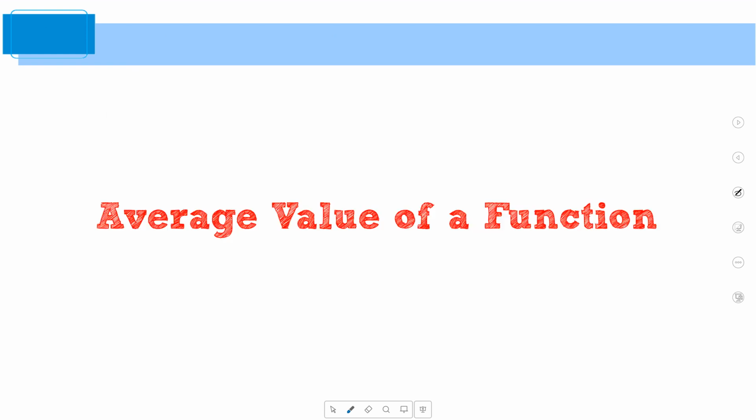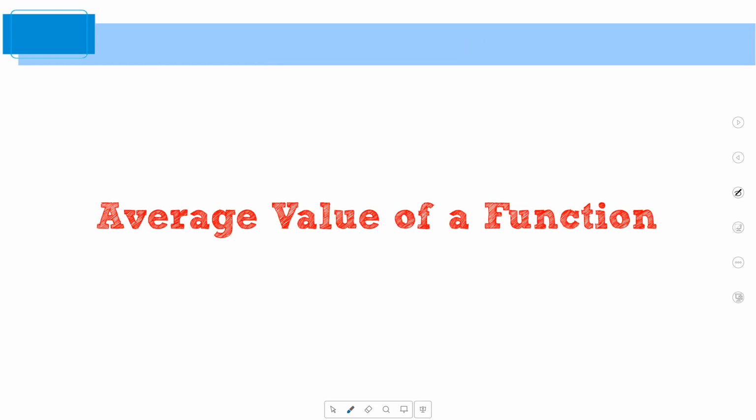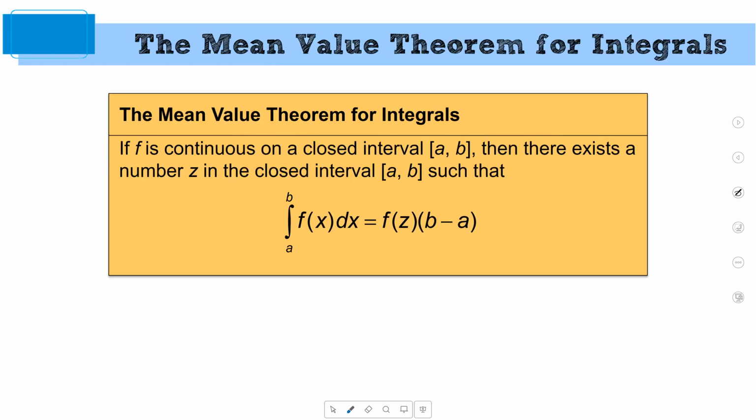Let's take a look at an example. Here's another picture. For some reason, the math peeps like to switch back and forth between f of z and f average. They're the same thing. And also, notice that's the same formula, except divided both sides by b minus a. I personally prefer this form because it's very clear that the left-hand side is my integral, area under the curve, and the right-hand side is my rectangle.